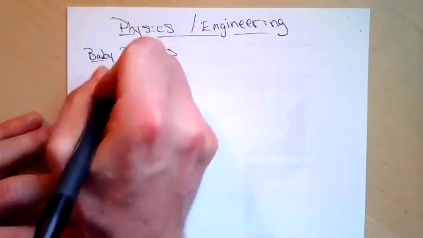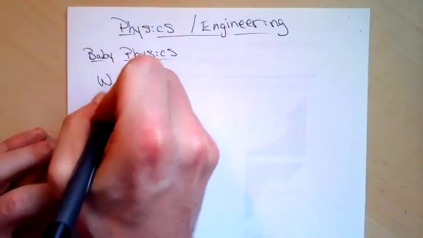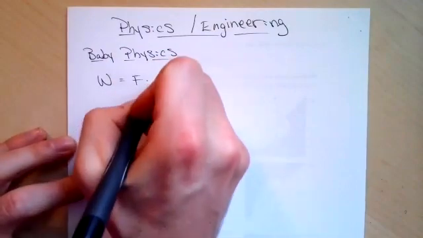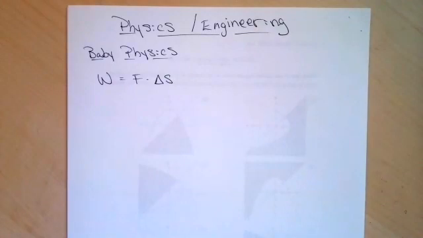This is when you first learn physics and algebra based. Work is force times distance, and I don't want to use D, so I'm going to call it delta S, or little s. So our little s is our position, right? So the change in position is our displacement.